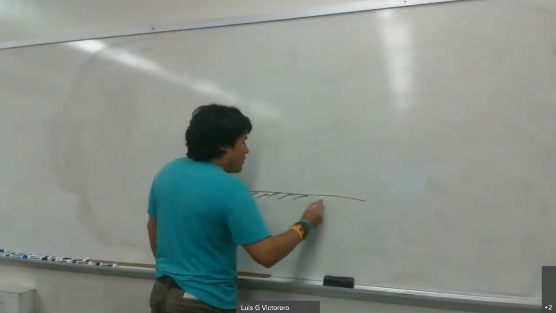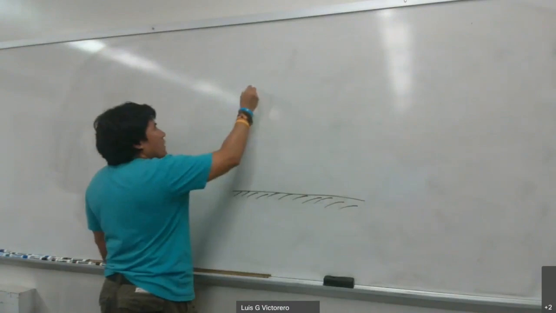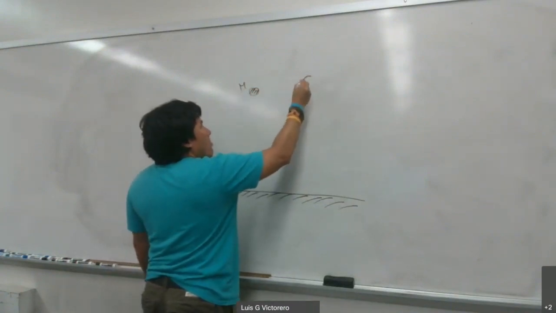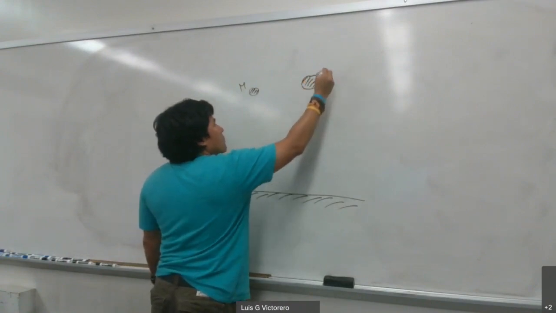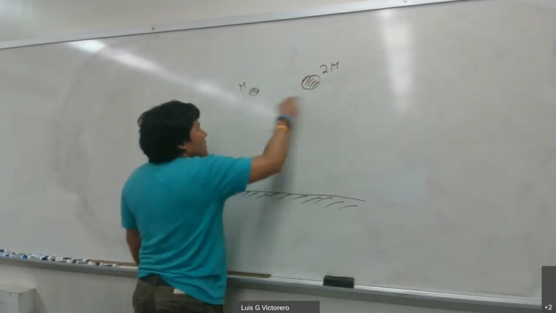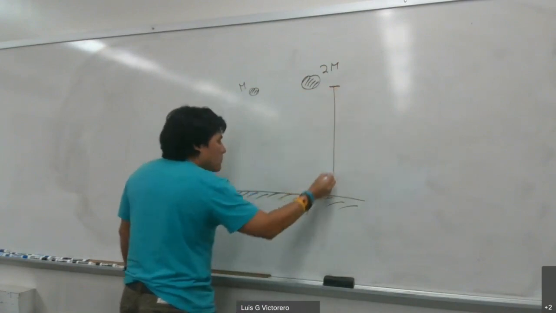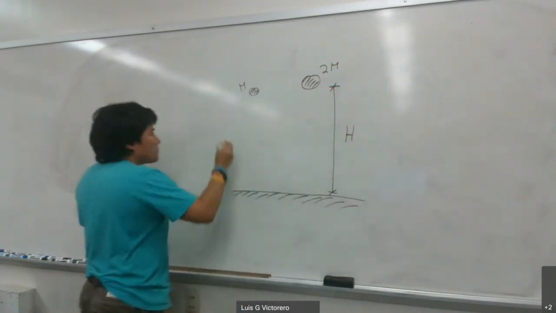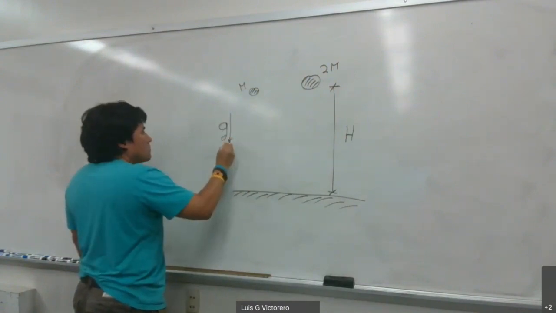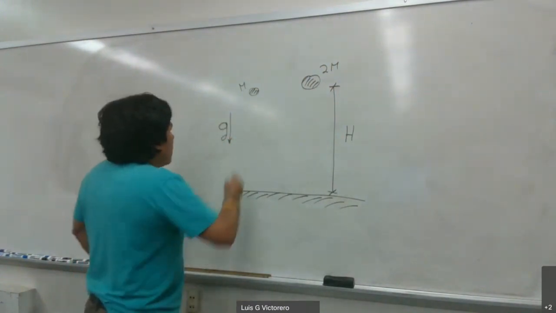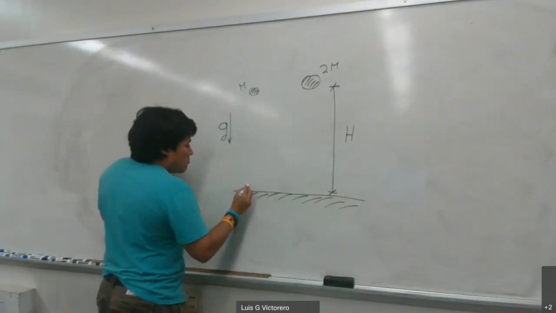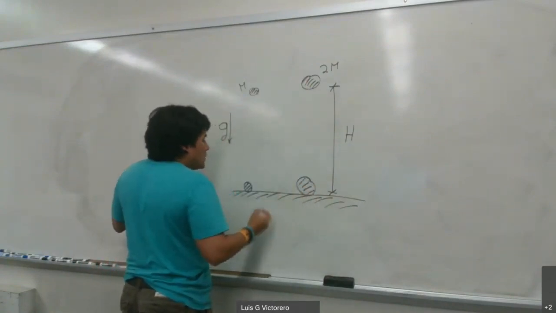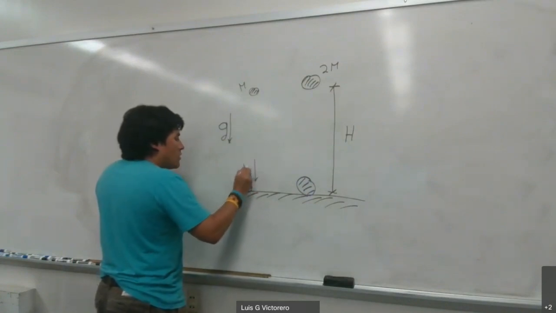So if we have here the ground, and you have here mass m and mass 2m on the same height, this will drop here, and this one will drop. They both will reach the same velocity.